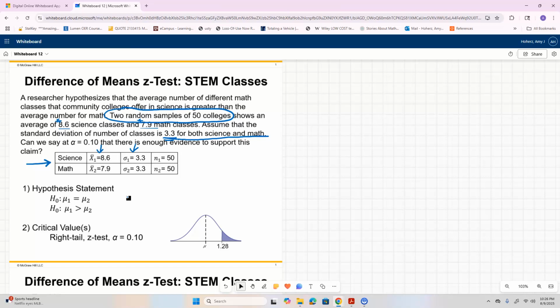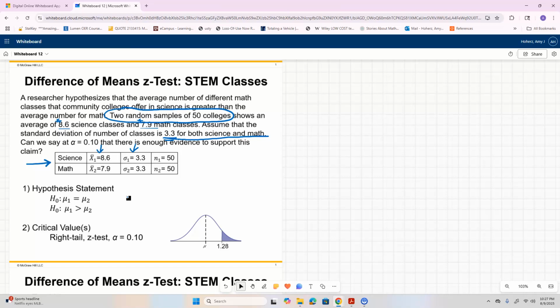It should be get 50 random colleges, look at their science classes, then get another set of 50 colleges and look at their math classes. You could randomly pick the same college possibly in each sample, but it shouldn't be all the same 50 colleges. It should be a completely different random sample of 50 colleges for each of the samples.